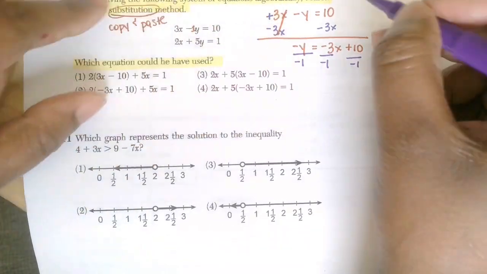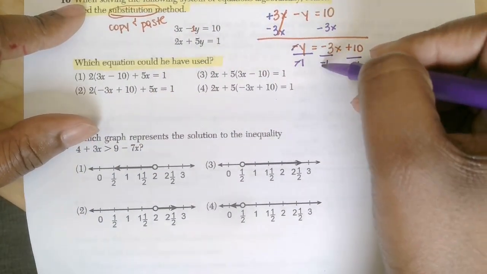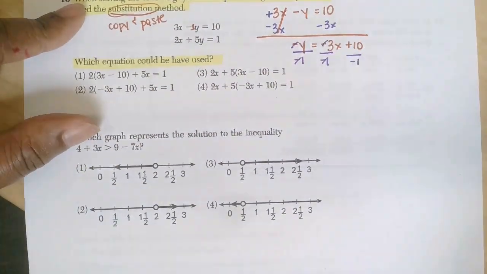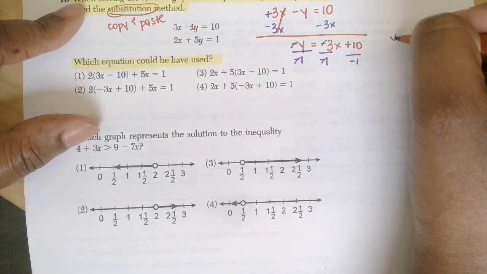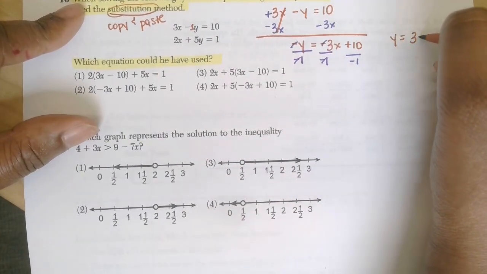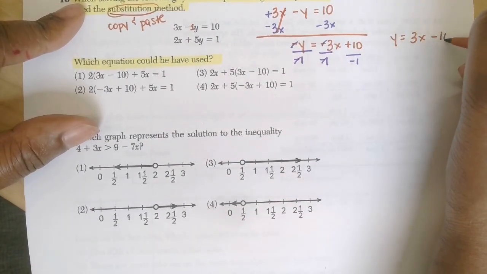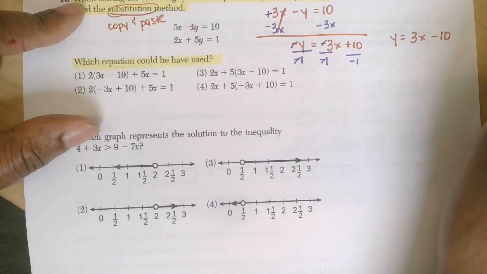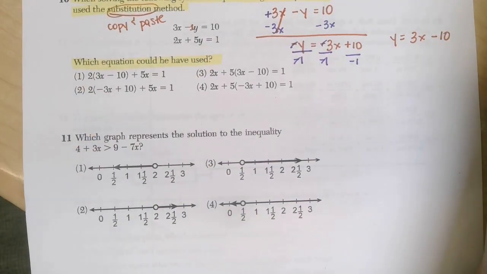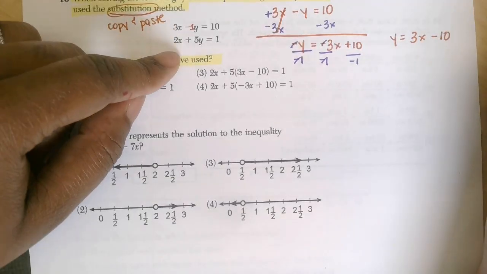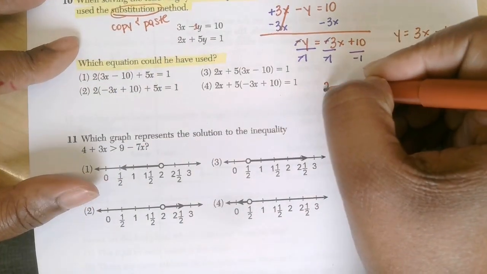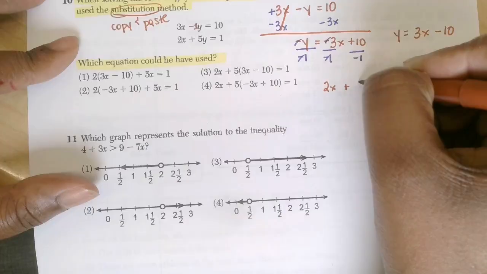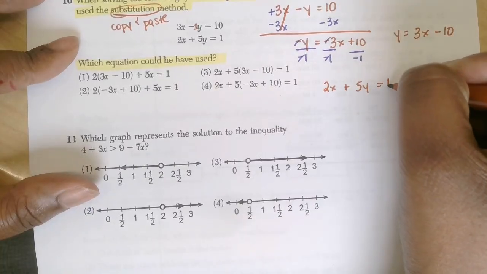So we will do -1. This cancels, and we're left with y is equal to 3x minus 10. Because 10 divided by -1 is negative. Okay. So now we have the second equation. 2x plus 5y is equal to 1.